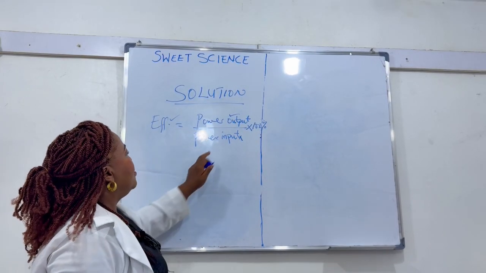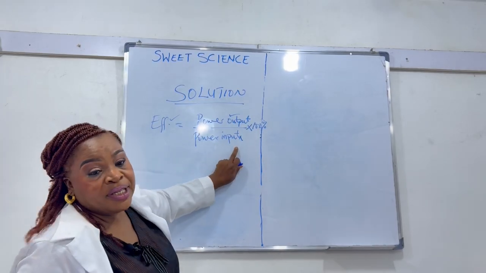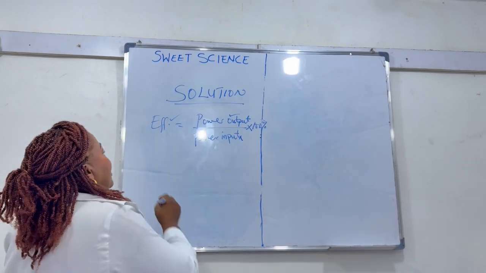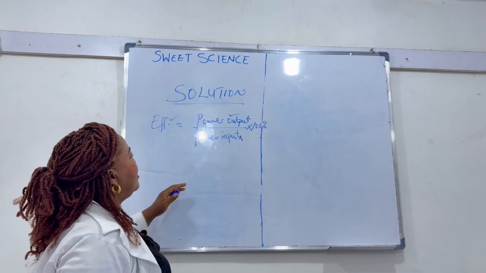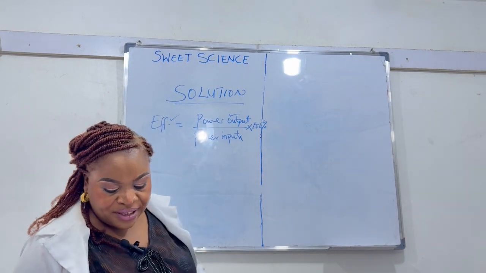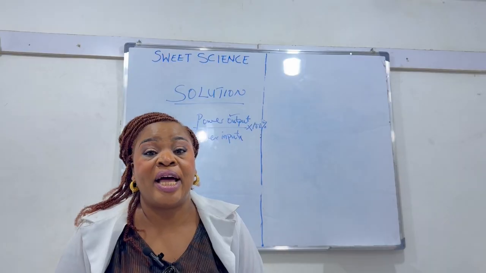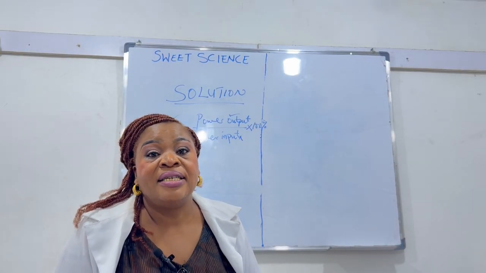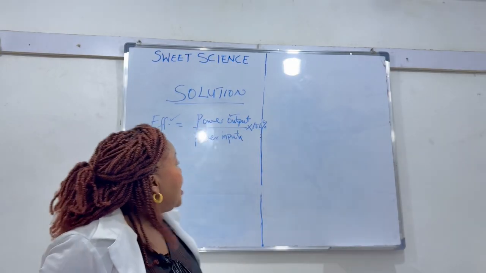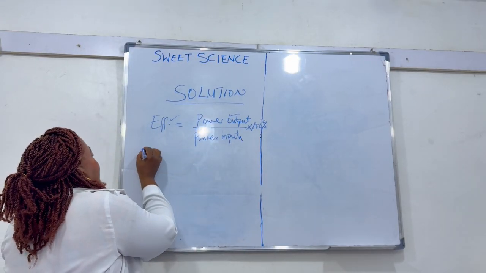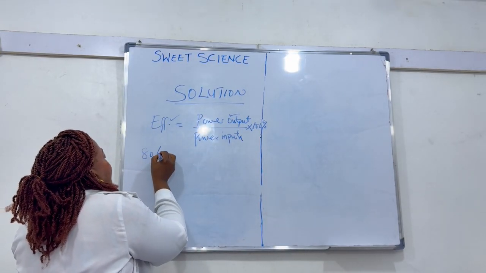So when we make power input the subject of the formula, let us just expand. Bring out our parameters first. When we bring out our parameters, then we will go about doing this. So efficiency is 80%.